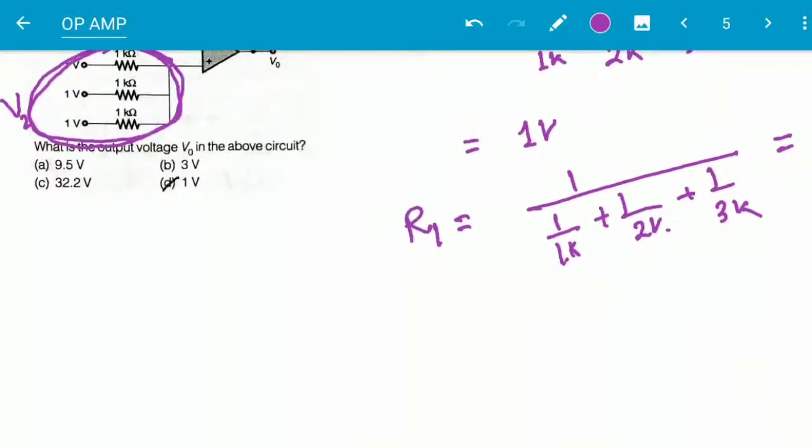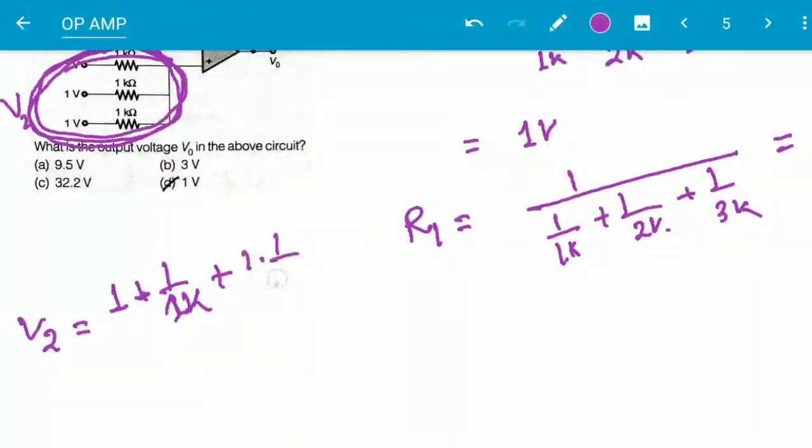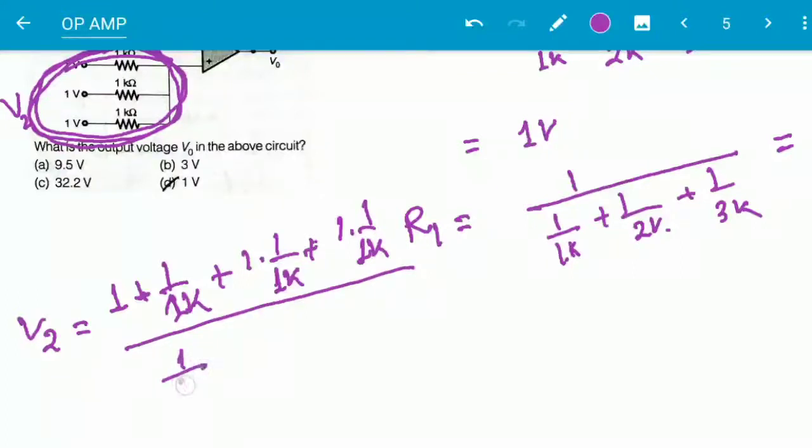And similarly V2 will be (1 into 1 by 1k plus 1 into 1 by 1k plus 1 into 1 by 1k) by (1 by 1k plus 1 by 1k plus 1 by 1k), and this is also coming to be 1 volt.